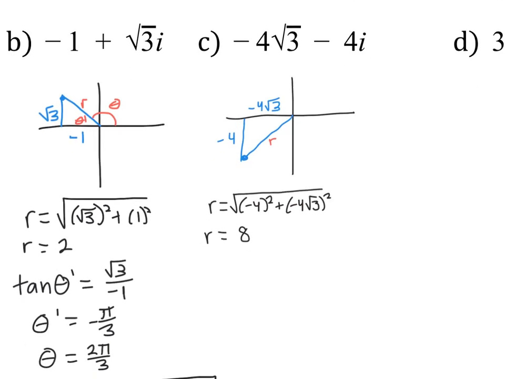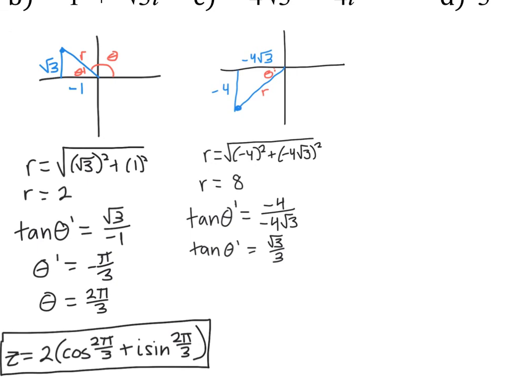And then we do want to find, remember, this total angle, but we can start by finding this little reference angle. So we can say tangent of theta prime equals -4 over -4 root 3. So this becomes tangent of theta prime equals root 3 over 3.